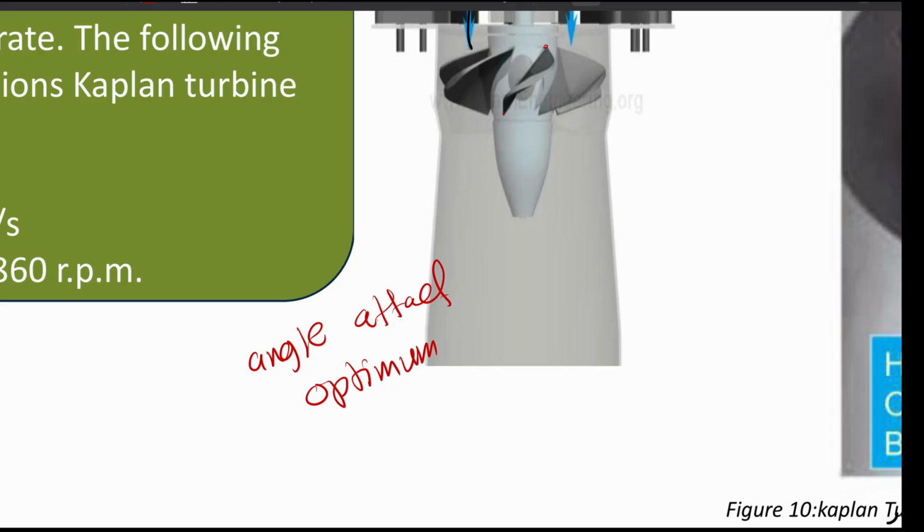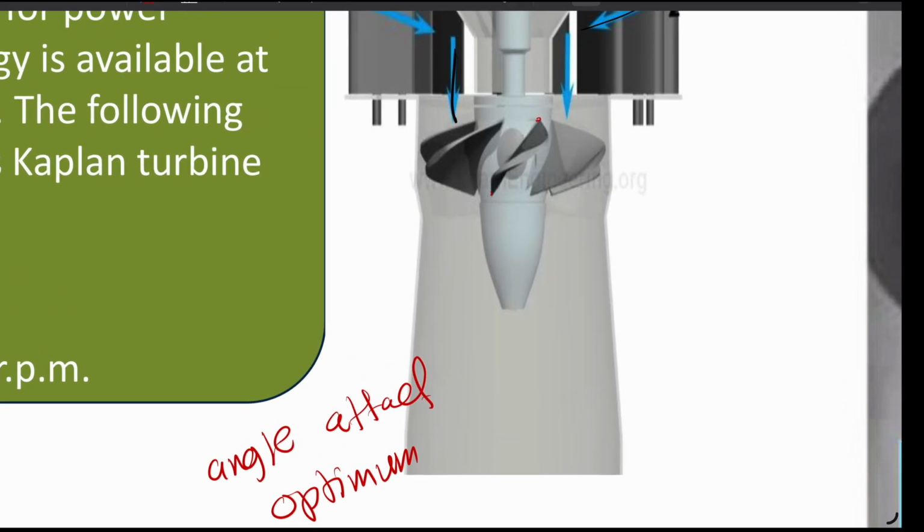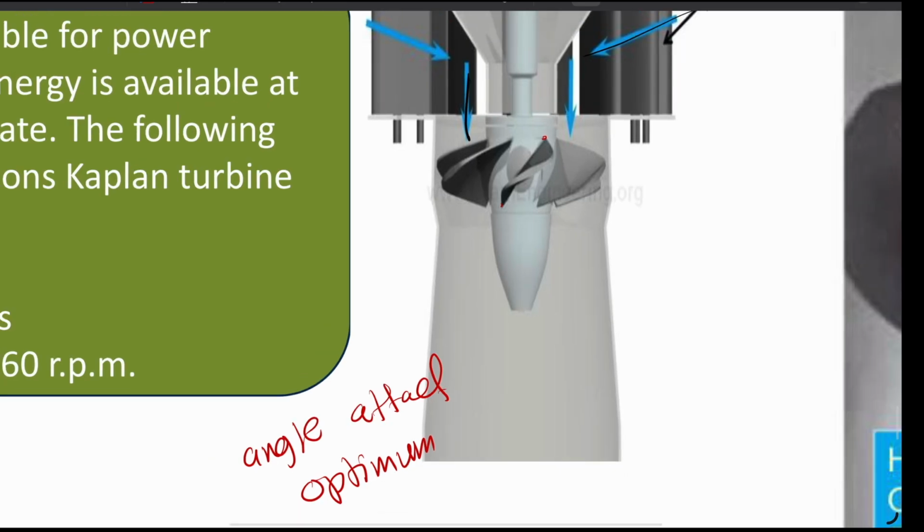The other thing is the pitching of the runner blade, which means the positioning of the runner blade. Since the flow will vary depending upon the guide vane, the relative velocity will change at the same time as well.